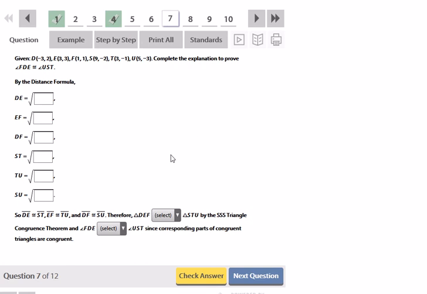Alright, this is like a bunch of distance formula. So here's all these points, and let's prove that angle FDE is congruent to angle UST. Alright, so distance formula DE, that would be square root of negative 3 minus 3 squared plus 2 minus 3 squared. I don't like working sideways, but it's just going to be easier for you to understand here.